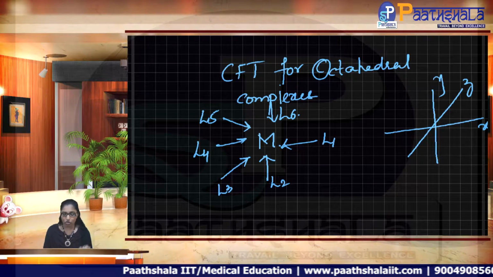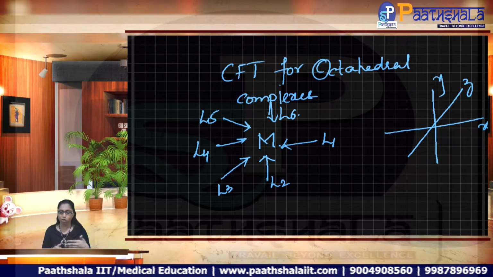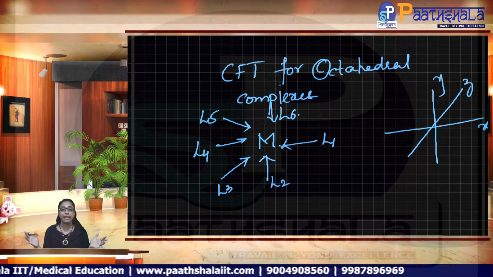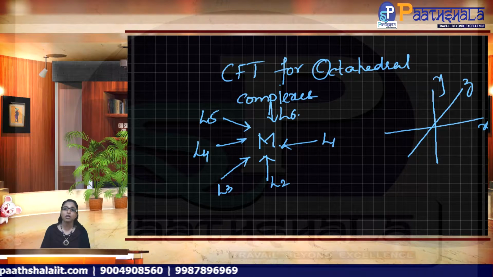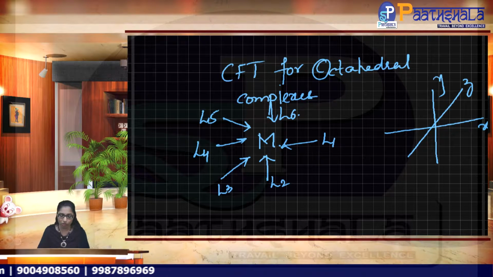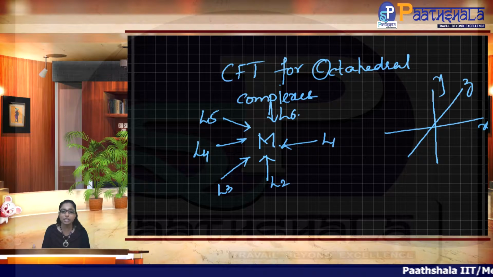Now, since we are talking about coordination compounds, the elements involved over here are the d block elements. So obviously we are going to learn more about the d subshell here.